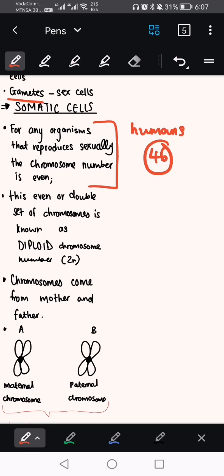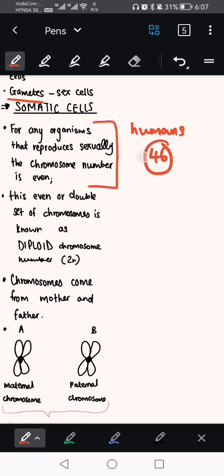Because a human has 46 chromosomes, a potato plant has 48. So if you go from 46 to 48, you might turn into a potato, right? So that is a very important concept we need to understand here, that any organism that reproduces by sexual means will have an even chromosome number.